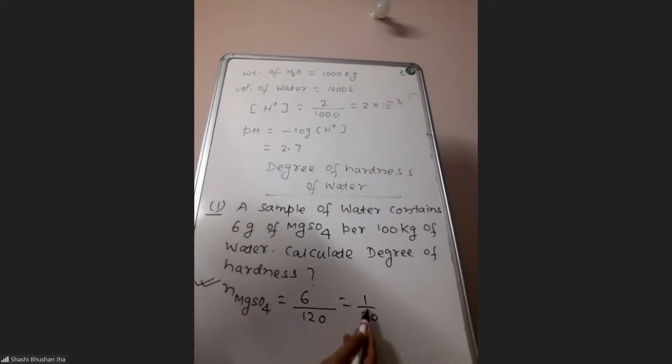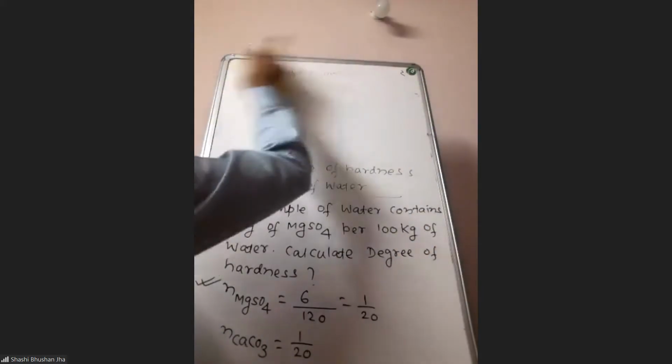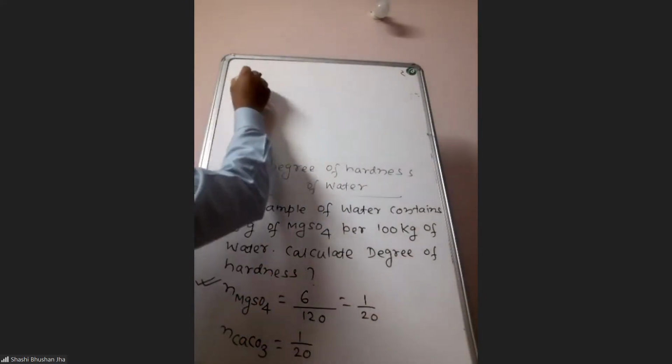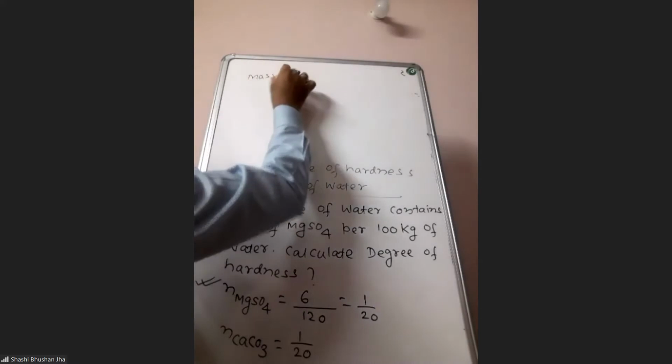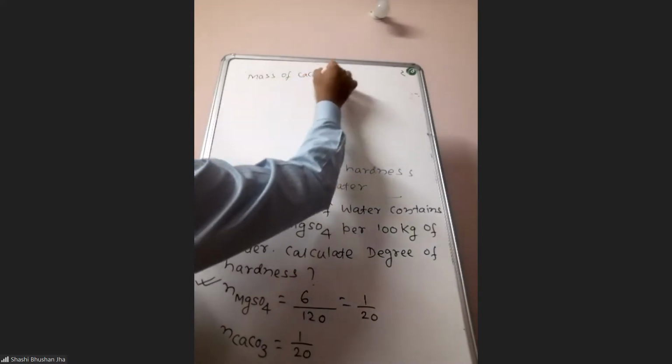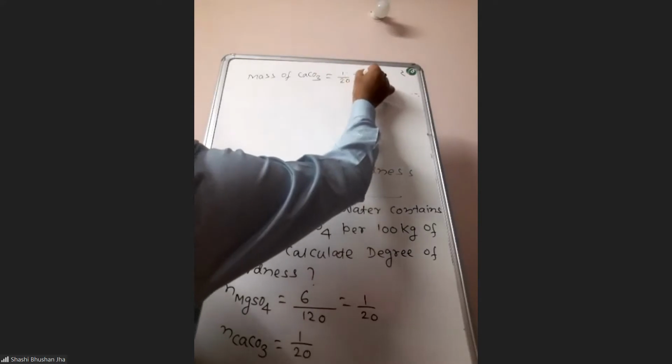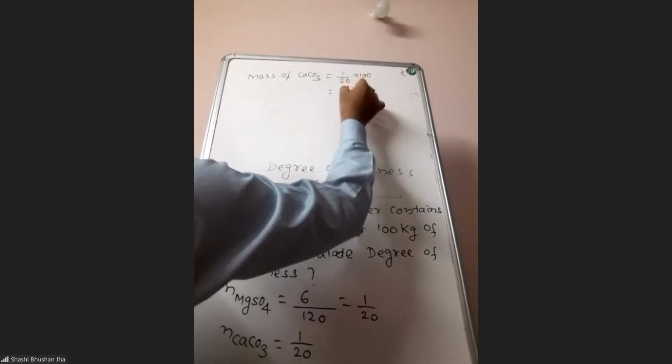So if you have got 1 by 20 moles of magnesium sulfate, you have to take the number of moles of calcium carbonate also as 1 by 20. Then the mass of calcium carbonate will be 1 by 20 into 100, that is 5 gram.